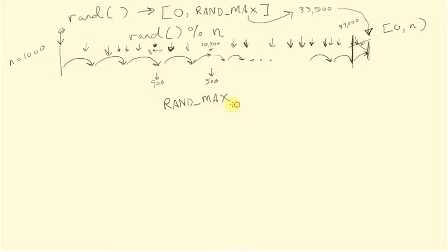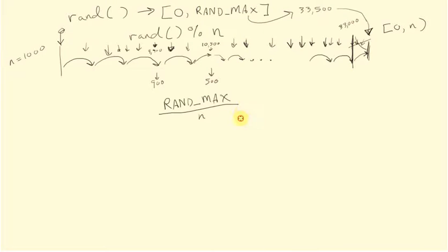Rand max. So we're going to divide Rand max into n. What is this n that we're discussing? n is the range that we want to get a random number between, right? So we do rand max divided by n. We're going to get n divisions and some remainder, right?